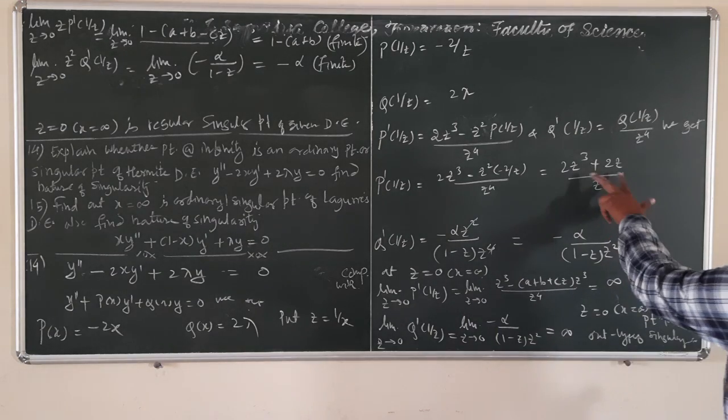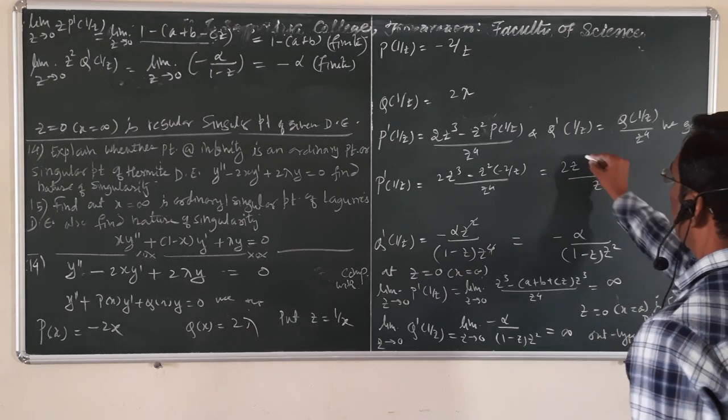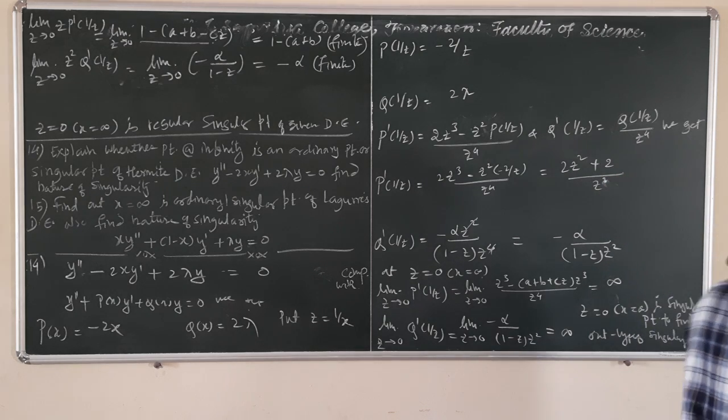So if you take z common from numerator, so here you will have 2z square plus 2 divided by z cube, so that is p dash.